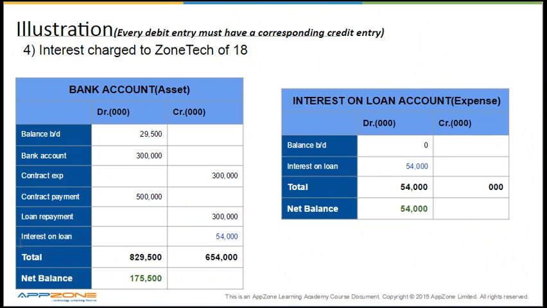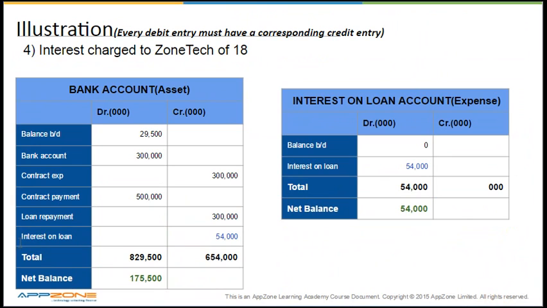Now the loan interest will be paid also from our bank account, and this is an expense. We'll be expensing this particular loan interest because we didn't get it from anybody.